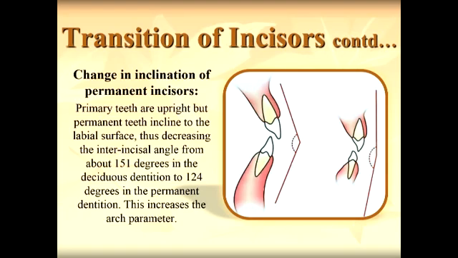and research. Primary teeth are upright, but the permanent teeth are inclined to the labial surface, thus decreasing the interincisal angle from about 151 degrees in the deciduous dentition to 124 degrees in the permanent dentition.